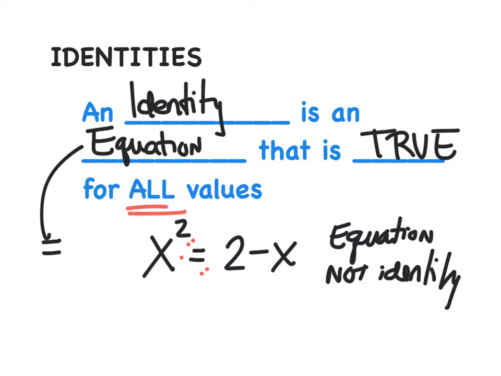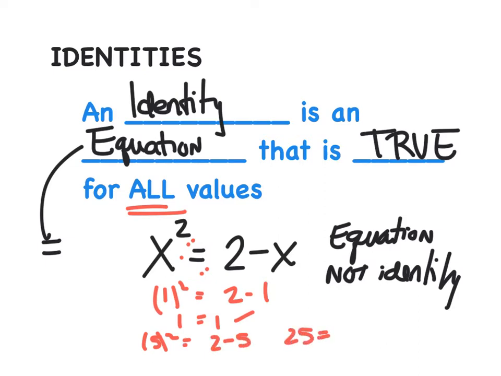For example, if I use a 1, 1 squared is equal to 2 minus 1. Well, 1 equals 1, that's true. However, what if I use 5? 5 squared equals 2 minus 5. Does 25 equal negative 3? No. So it's an equation, but it's not an identity. It's not true for all values.